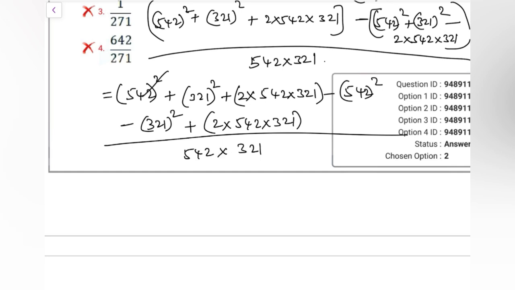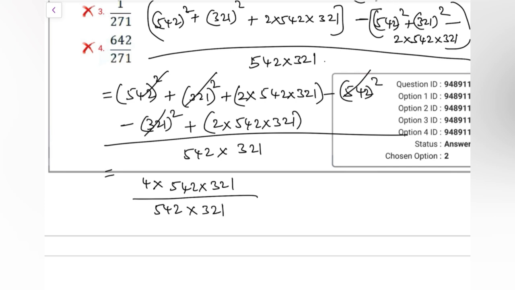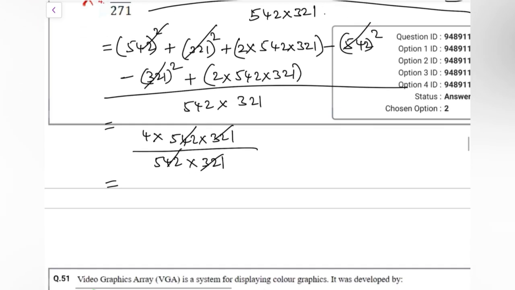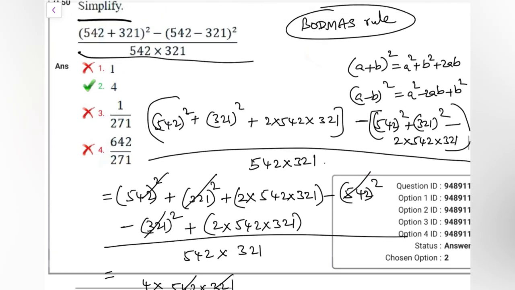Here positive and negative values will get cancelled and it becomes 4 into 542 into 321 divided by 542 into 321. Here it will get cancelled and the remaining one is 4. So 4 is the answer. Option 2.